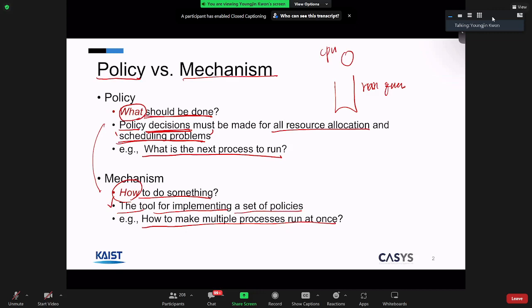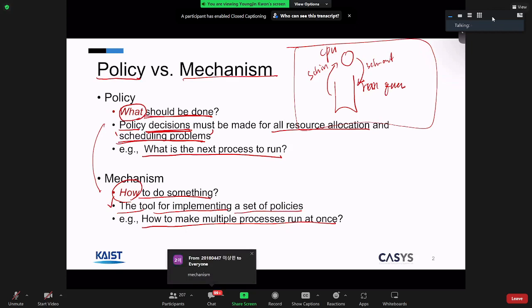And this task is fed into the CPU, context switched out, scheduled in, and taken into a core. What am I talking about? Is it about policy or mechanism?